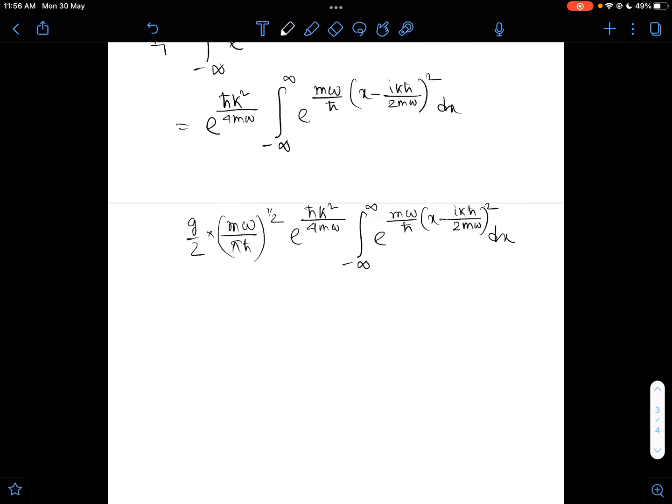So let us do this integration and the calculation.